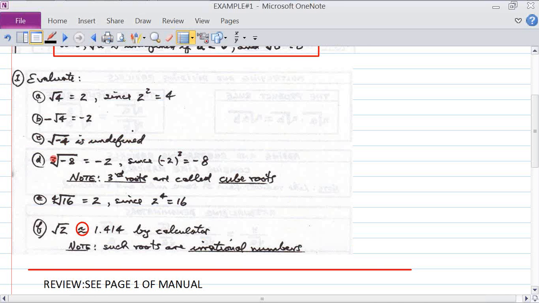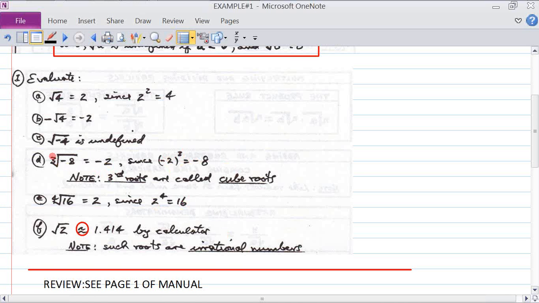Now that's the square root. Here this little number means cube root. What we're asking is, what number, when we multiply it by itself 3 times, gives us minus 8? And the answer is minus 2, because minus 2 times minus 2 times minus 2 gives you minus 8. Another way of saying it: minus 2 cubed equals minus 8.